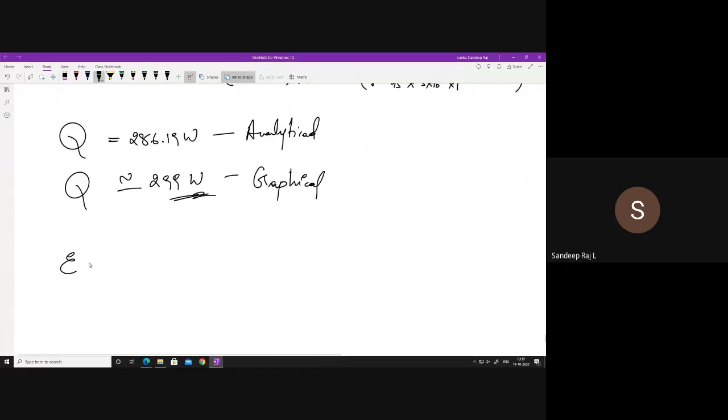Also, he's asking you to find the effectiveness. How do you find out the effectiveness? Effectiveness is actually the efficiency of the fin into area of the fin by the area without fin, or area of the base you can write. The efficiency of the fin I have just found out is 0.82.